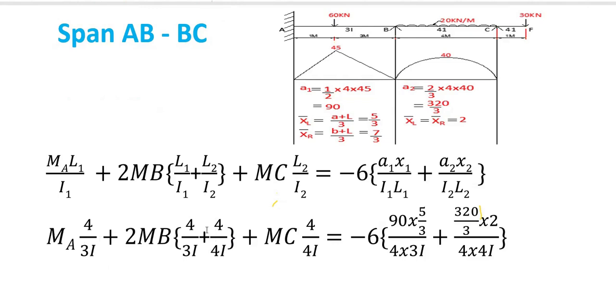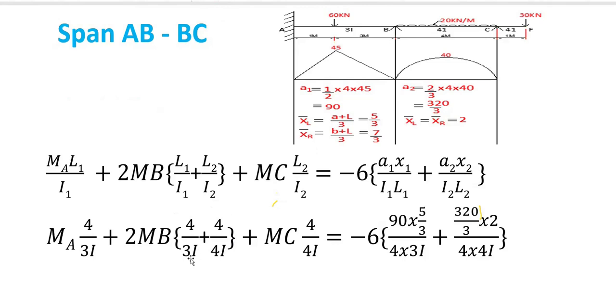This will be 14MB. If you cross multiply here, this will be 12 plus 16, that is 28 over 12I, the LCM is 12I. Divide by 2, 1 by 2, 6, again by 2, 3 by 2, 14. So you'll get 14. I hope you have understood.